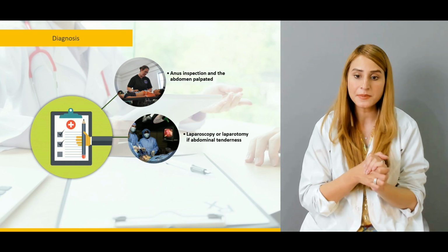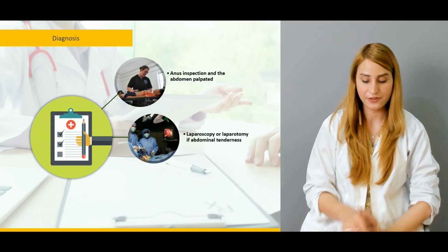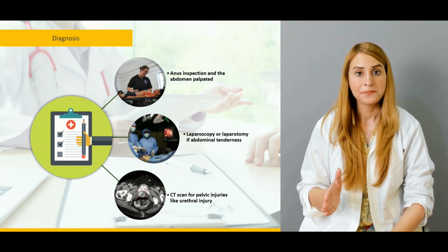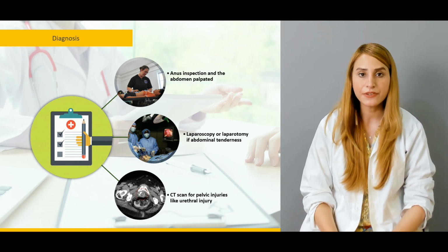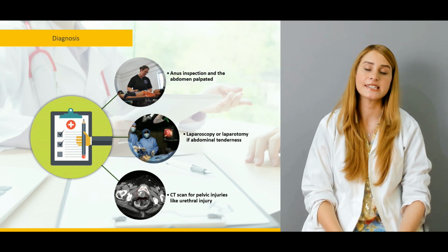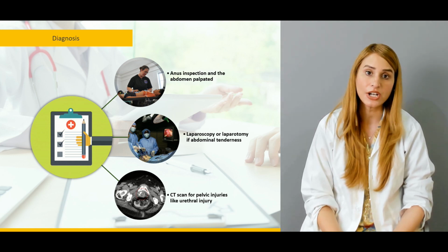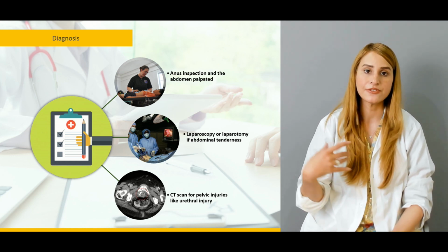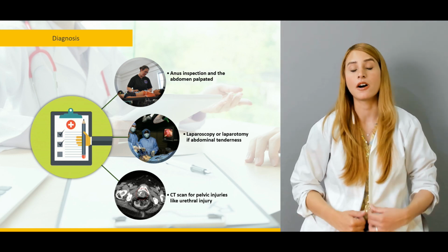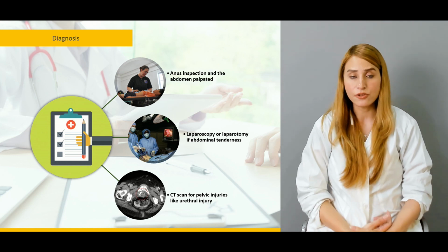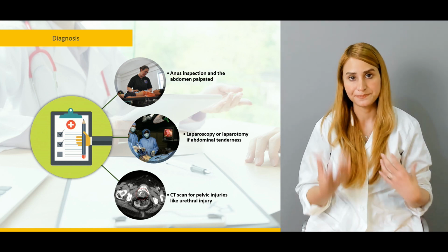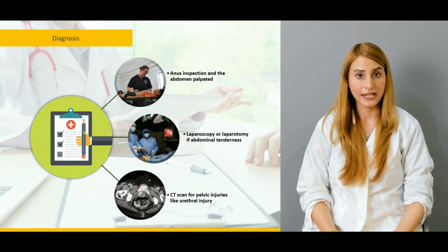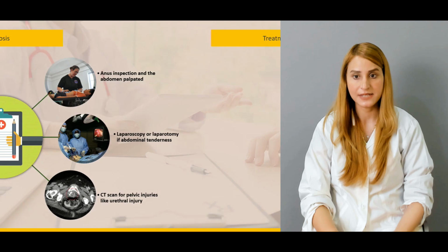You go for laparotomy in case of abdominal tenderness, or you go for the laparoscopy. And obviously for pelvic injuries, like urethral injuries, you order a CT scan, because if there is a history of fall, a urethral injury, a bladder injury, or a rectal injury, then you perform the FAST scan, and you go for the CT scan as well, so that you can know about the extent and the location of the injuries.